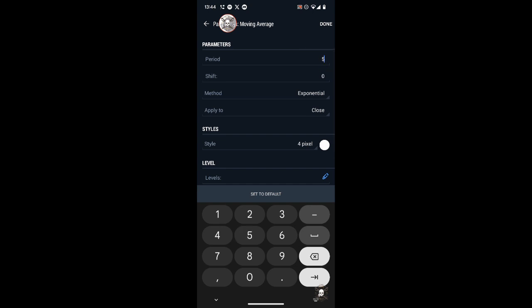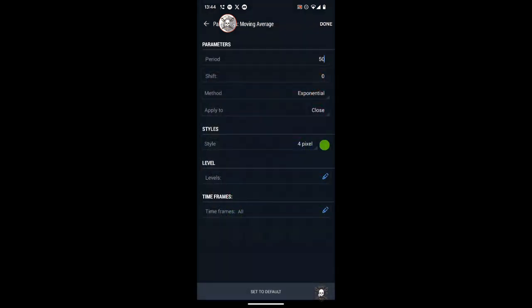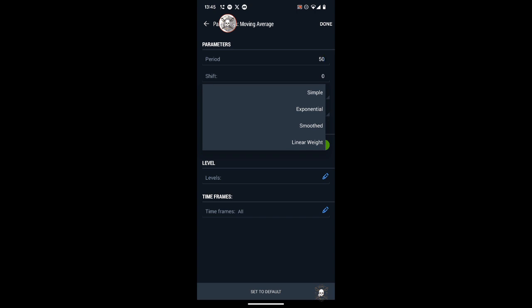Then you go to another moving average, and people started asking me why we are using the exponential or the simple one. You have to know the difference between the two. The simple one just measures the average price of the market over a long period of price data.